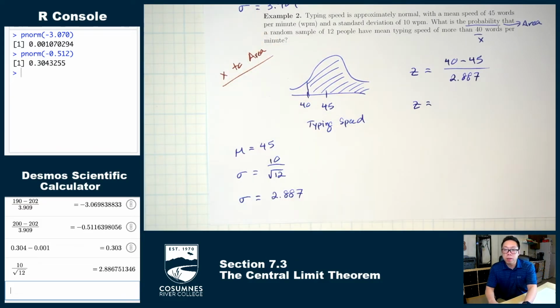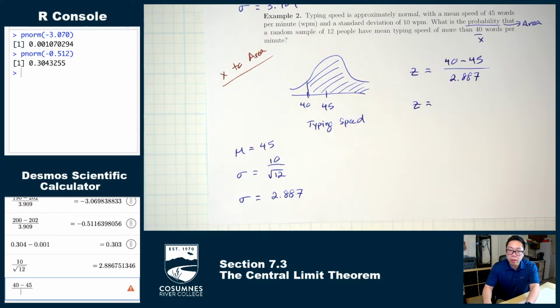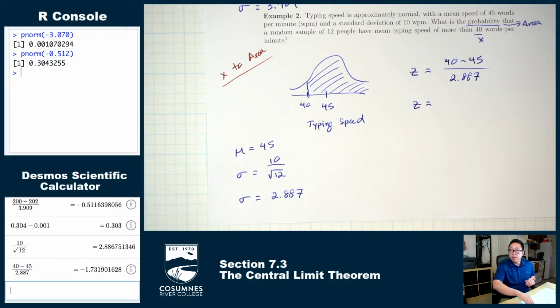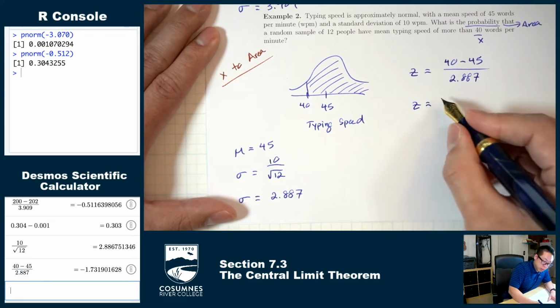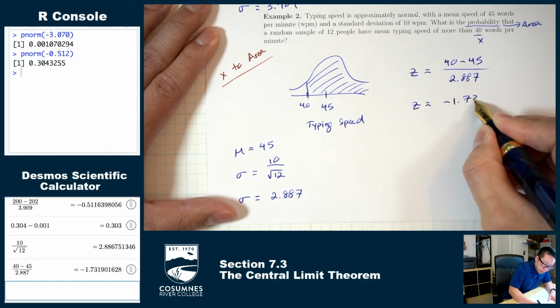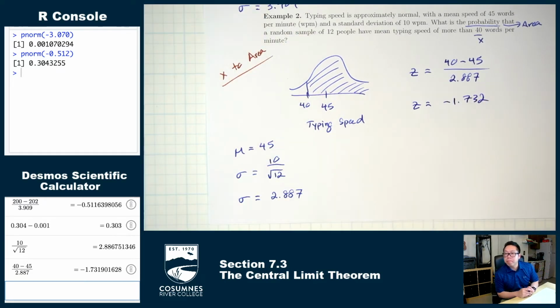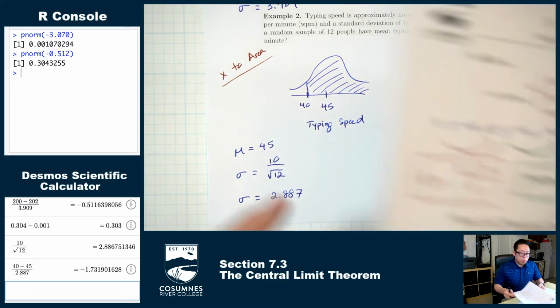On my calculator, up top, 40 minus 45. On the bottom, 2.887. Negative 1.732. We just did the z-score.